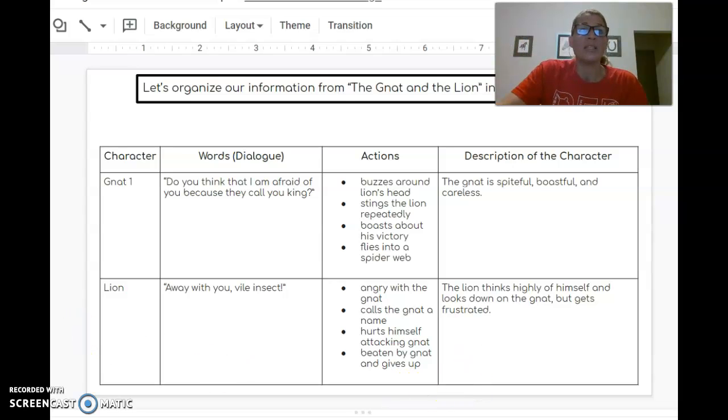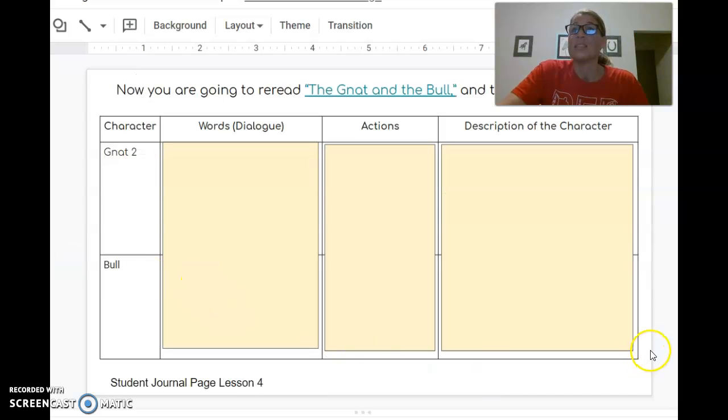As you move forward today, you are going to receive this chart, and it's the same chart, but it's for the gnat and the bull. So we're going to look at the gnat and the bull, their words, the dialogue, the conversation they had, their actions towards each other, and then come up with a description of the character. Again, not looking at the outside appearance, really looking into the kind of character they are.